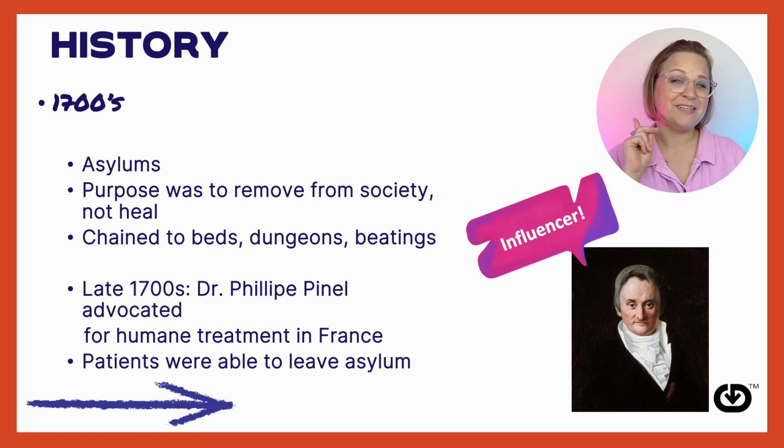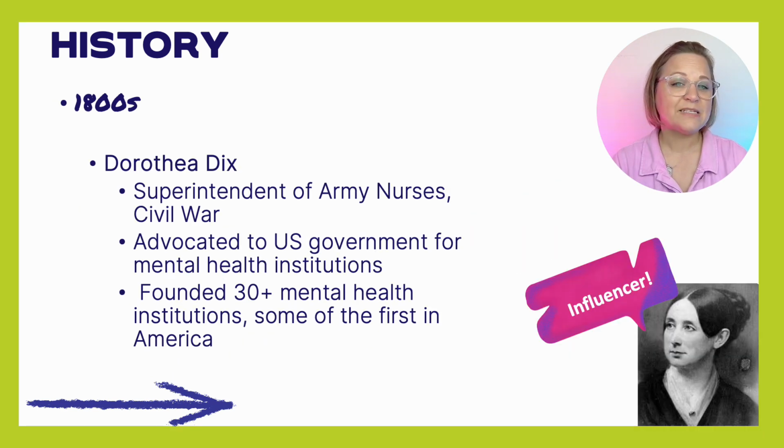Now, our first mental health influencer for this course is Dr. Philippe Pinel from France. And in the late 1700s, he started advocating for better treatment of hospitalized patients in the asylum. And patients were allowed to leave the asylum and get out into the community a little bit. The next important influencer to talk about is in the 1800s, and that's Dorothea Dix.